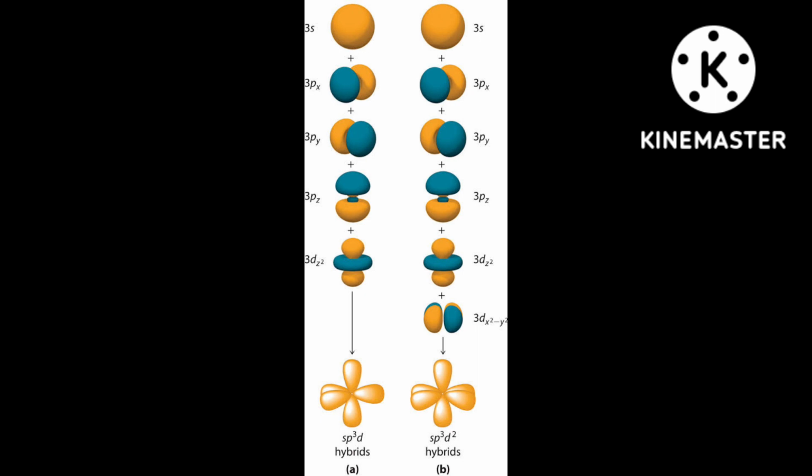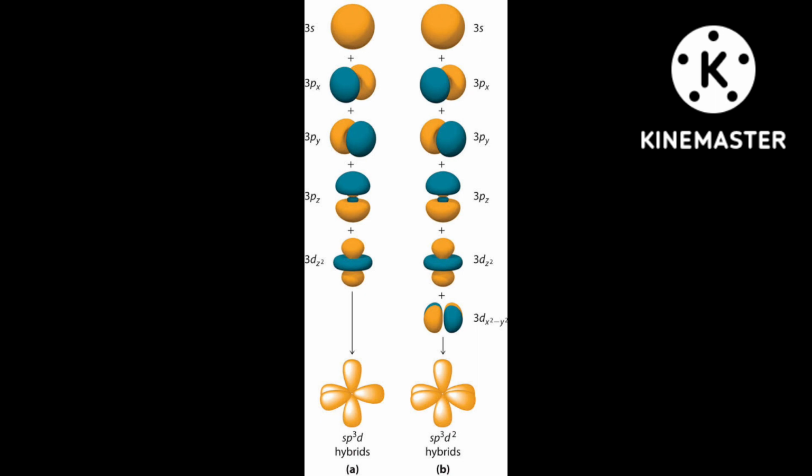In hybridization, 2s and 3 2p orbitals undergo sp3 hybridization, forming 4 sp3 hybrid orbitals, out of which 2 contain 1 electron each, and the other 2 contain a pair of electrons.